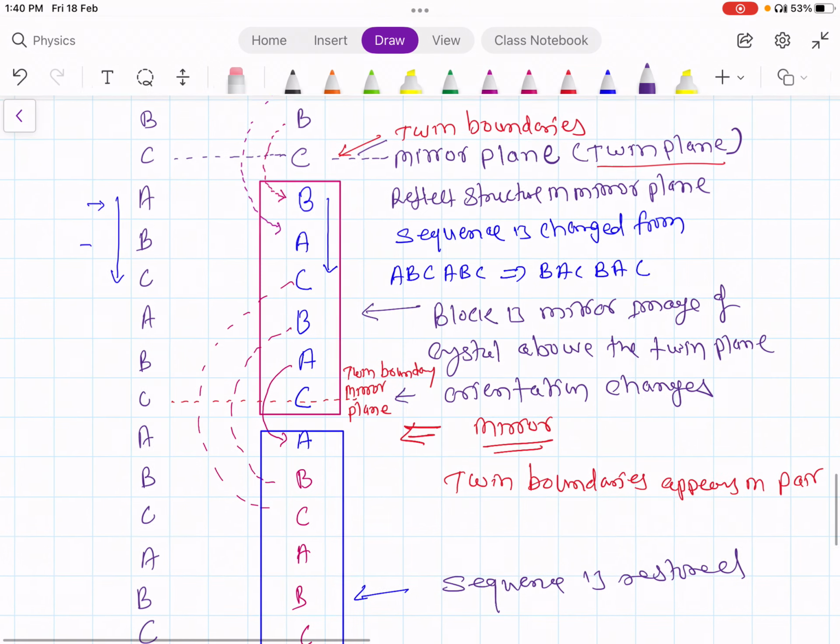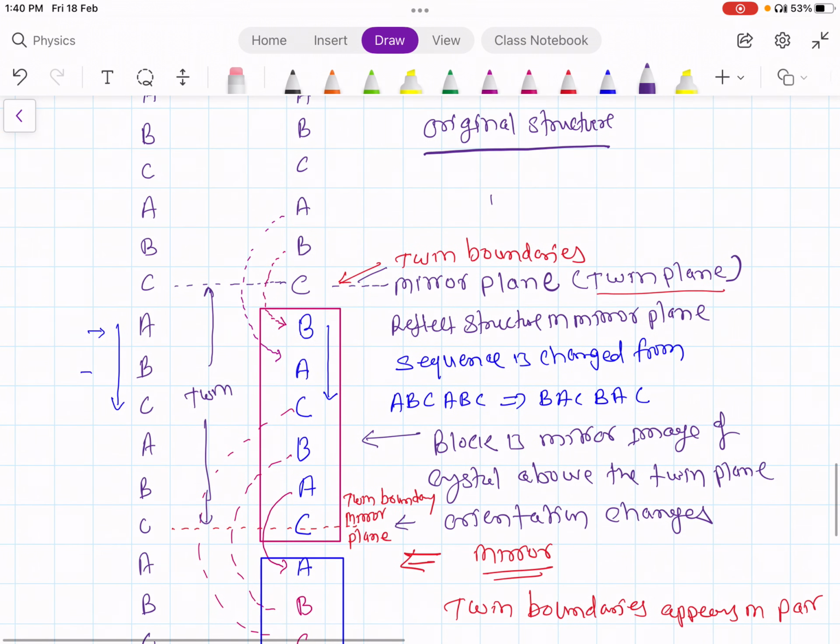And the region between these two twin boundaries is called the twin. The region between these two structures, that region is called the twin.